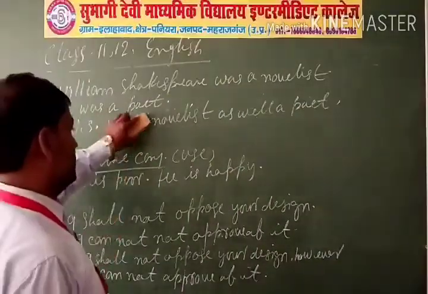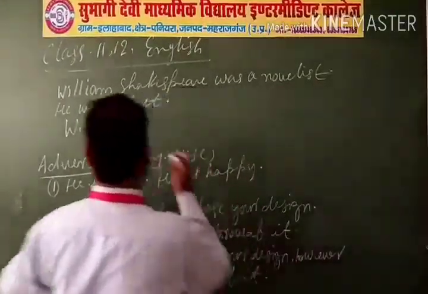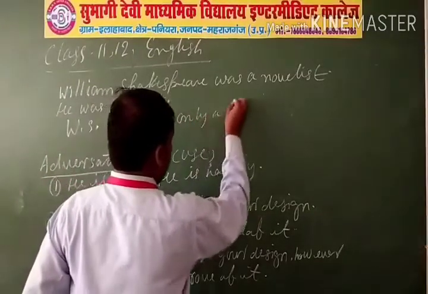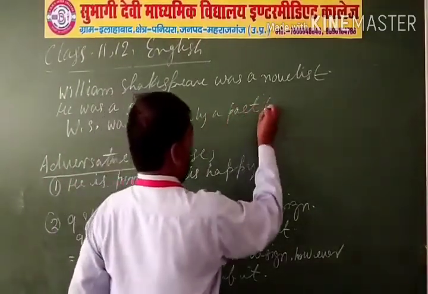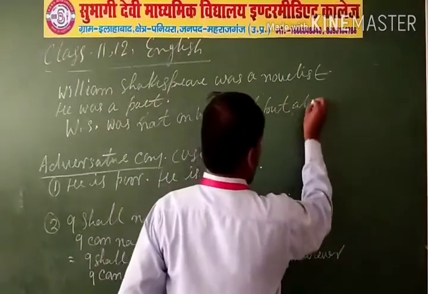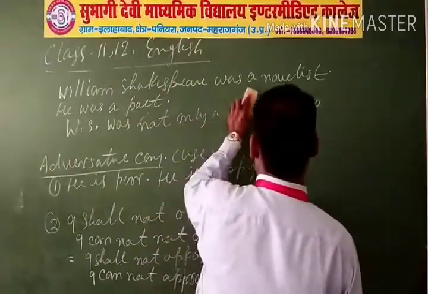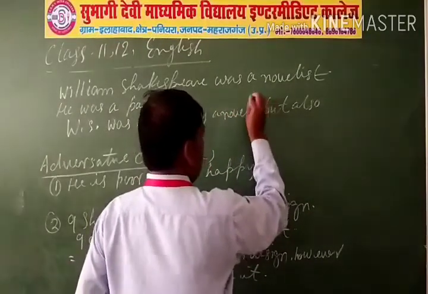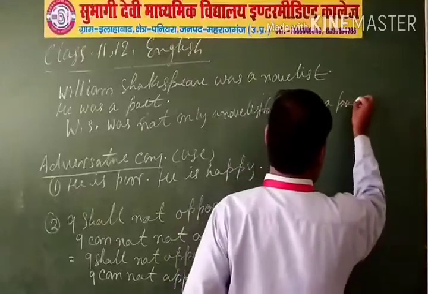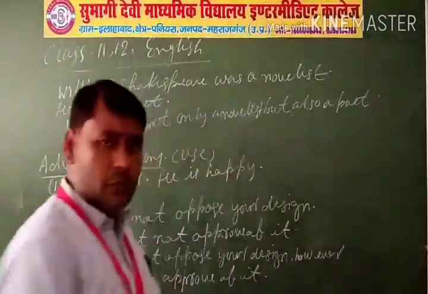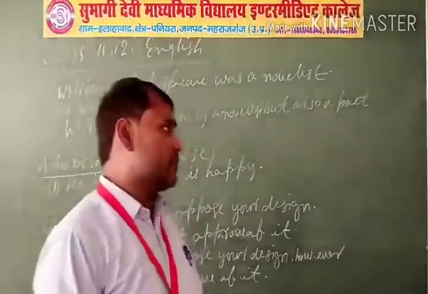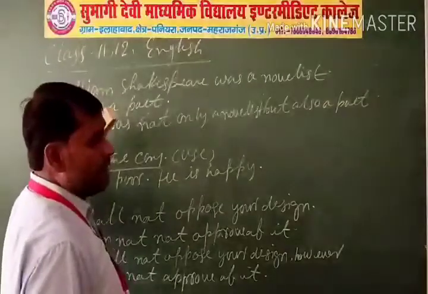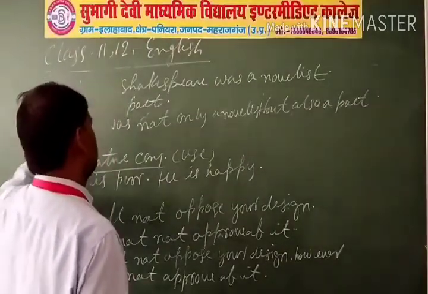Now, not only but also: William Shakespeare was not only a novelist but also a poet. So in this way, you have to join two or more simple sentences into one compound sentence by the help of cumulative conjunction.